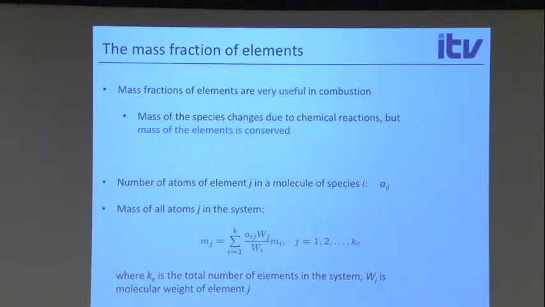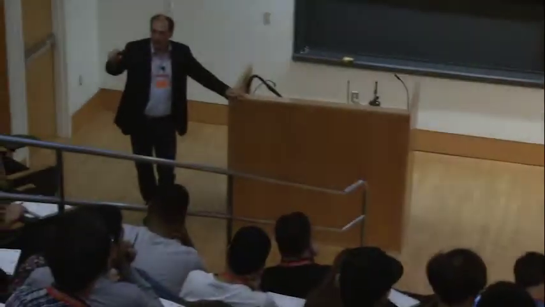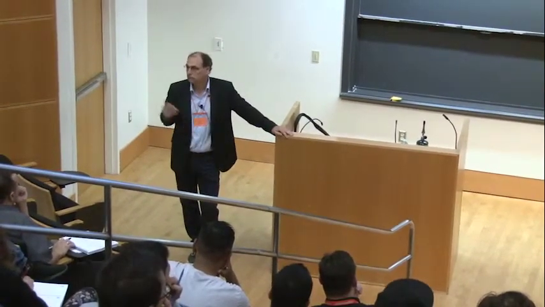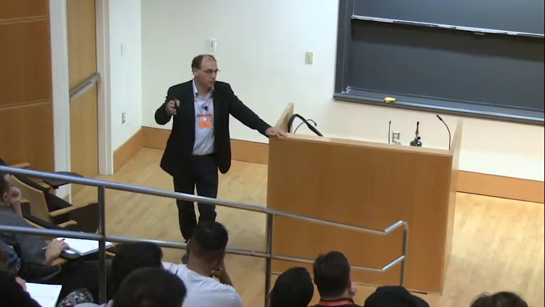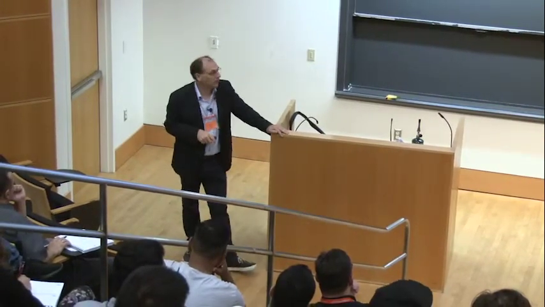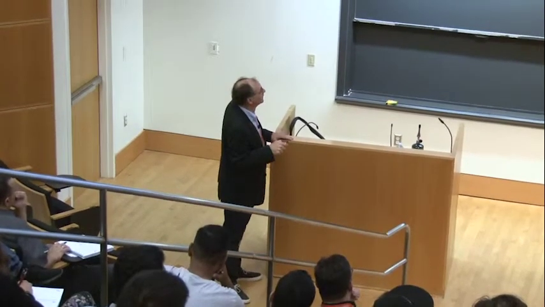Here's a matrix that tells you how many of a certain element J you have in species I. So for CH4, this would be 4 for the hydrogen element and 1 for the carbon element. So that is just a matrix that you can write down very easily.